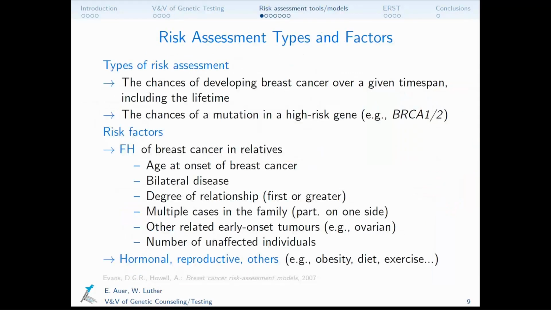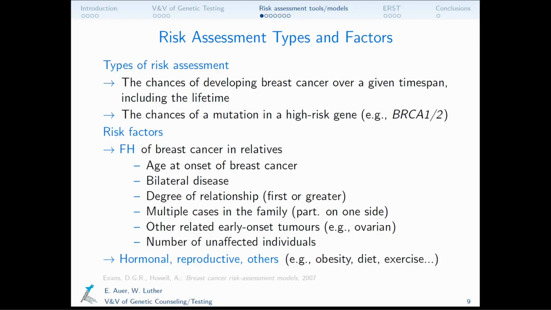So now let's turn to how to apply methods with result verification at the stage of genetic risk assessment. We can have two types of risk assessment. We can want to assess the chances of developing breast cancer over a given time span, including the lifetime, or we might want to assess the chances of a certain mutation in a high-risk gene, for example, BRCA1 or 2.